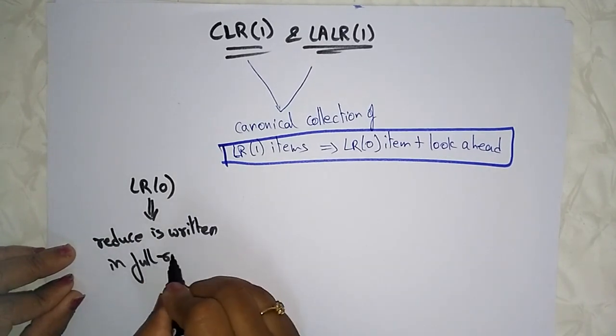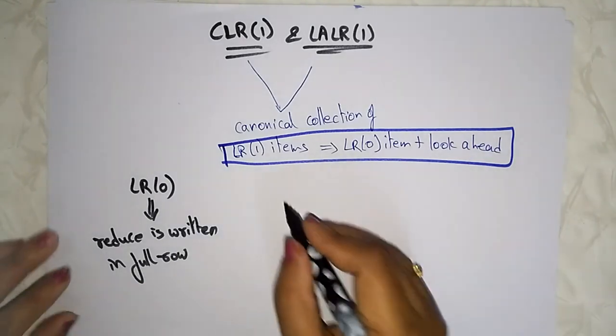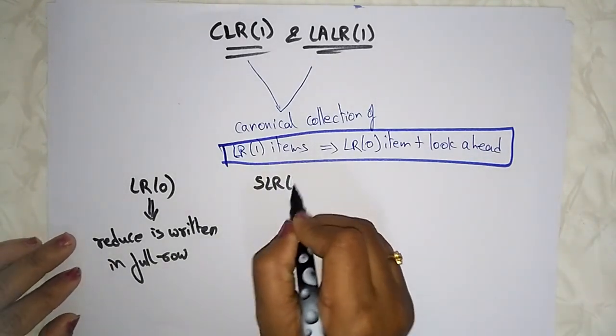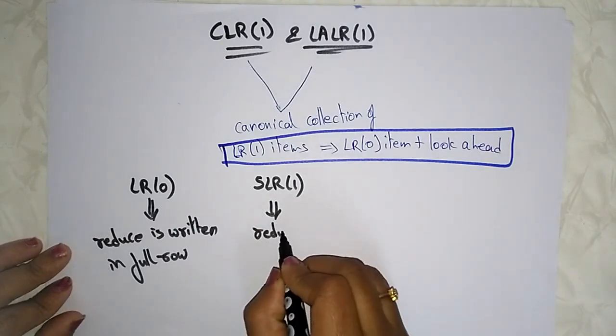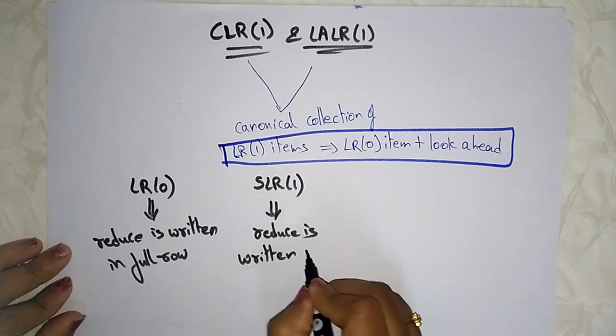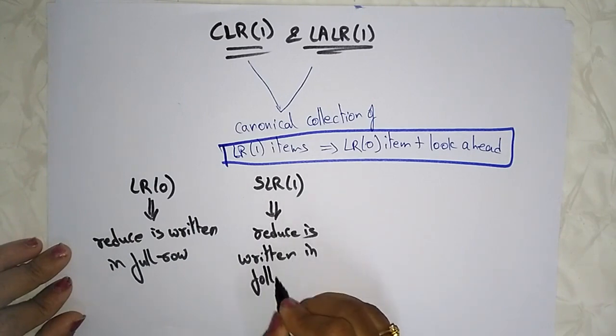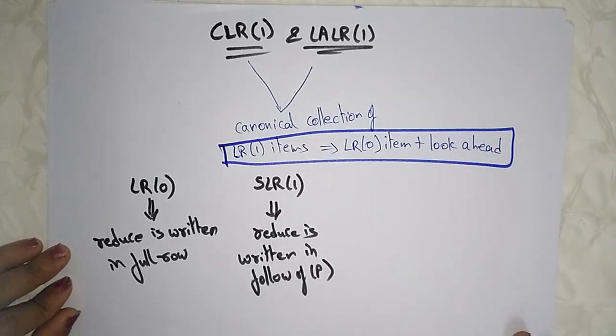In whatever terminal it is, under the terminal you are writing reduce. But in SLR(1), reduce is only written in the follow of P, that is, in the follow of the production's left-hand side.